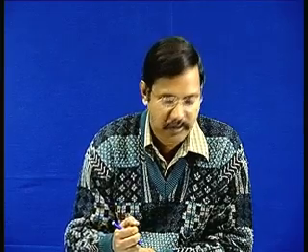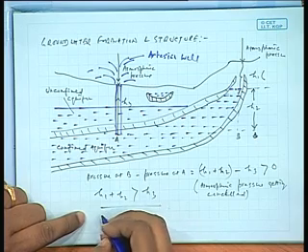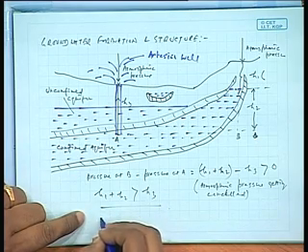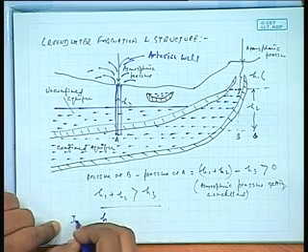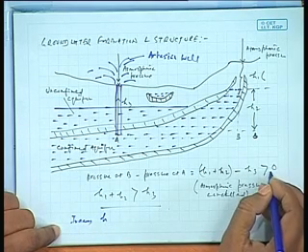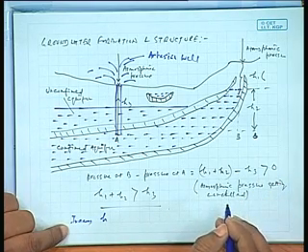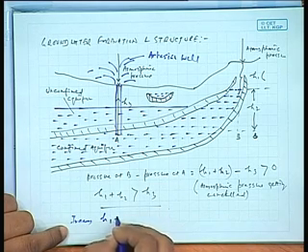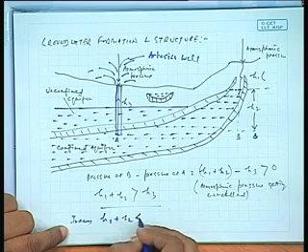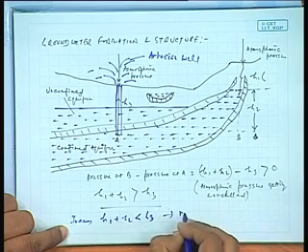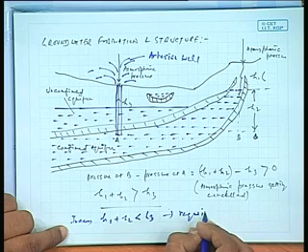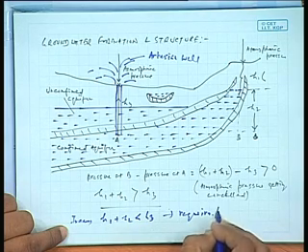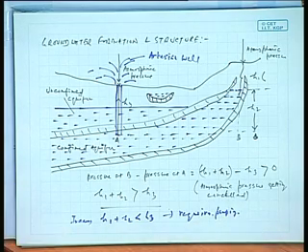That is, in other cases, when H3 is more than H1 plus H2, when this is negative or below 0, it requires pumping for the water to come out. Whenever H1 plus H2 is less than H3, it requires pumping. This is how water gets out of the artesian well.